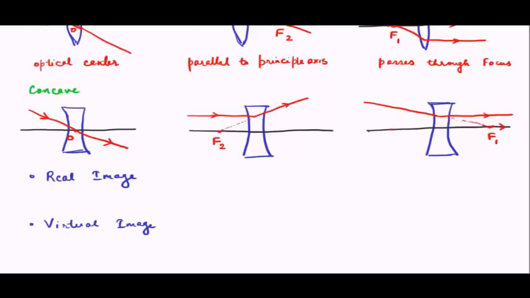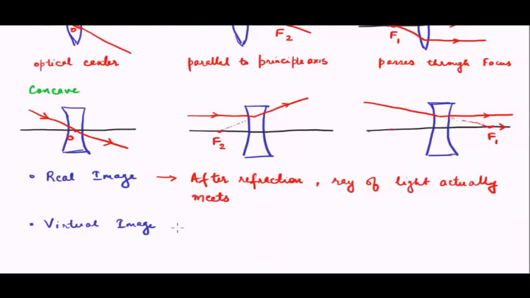Now the property of a real image is that the rays of light after refraction through the lens actually meet at a point.